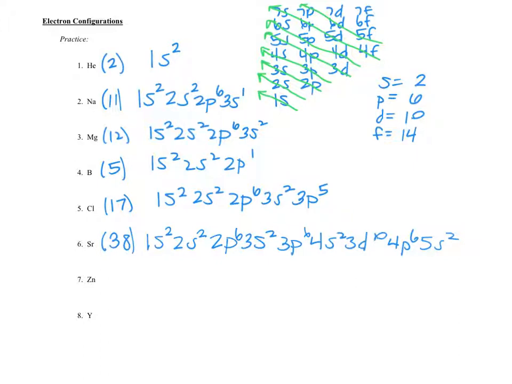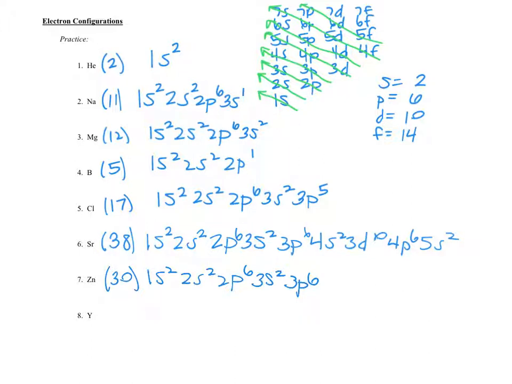So now comes zinc. Zinc, you're going to seat 30. So again, start with the 1s. You're going to do 30, so you can cruise along, filling as you go. So 1s2, 2s2, 2p6, 3s2, 3p6.